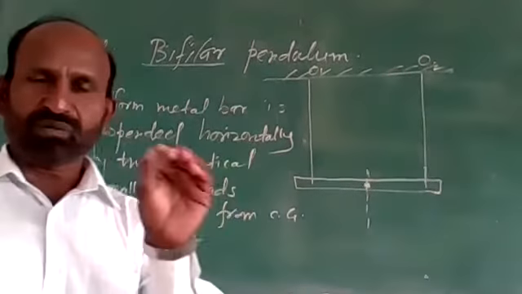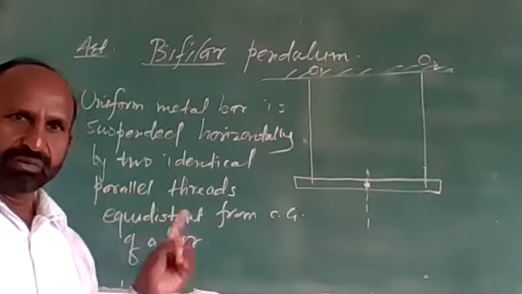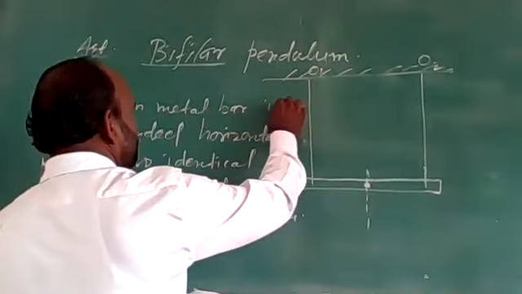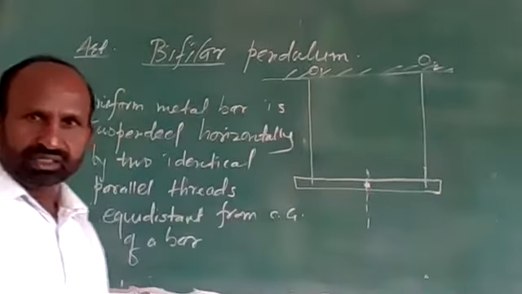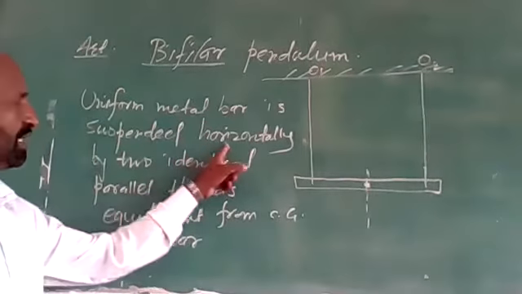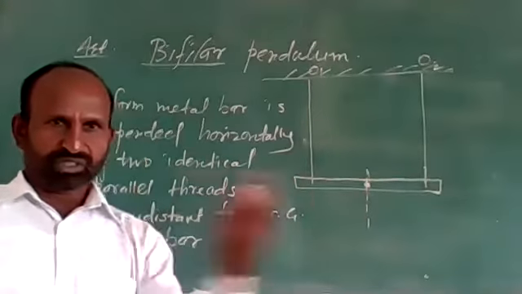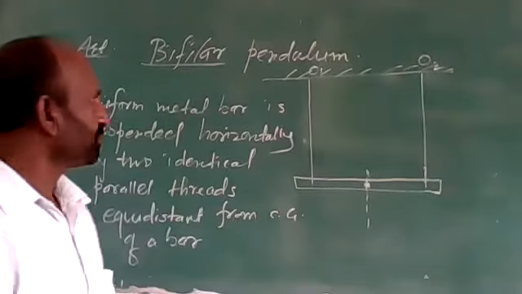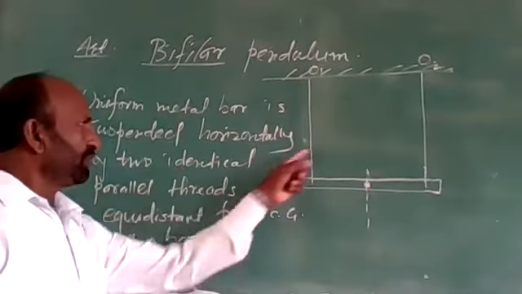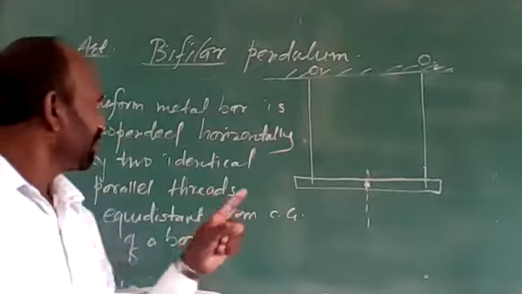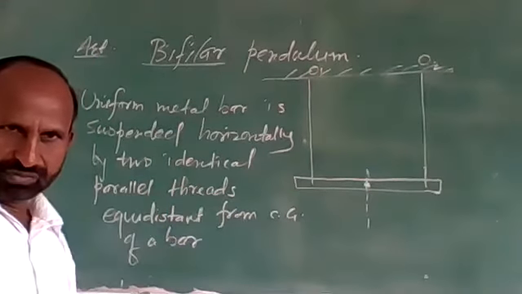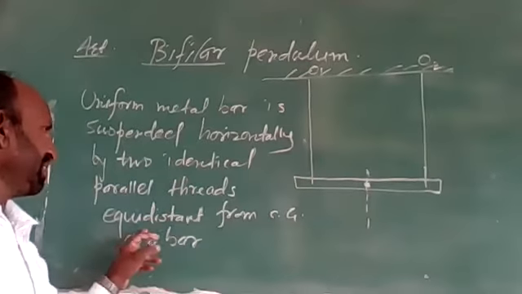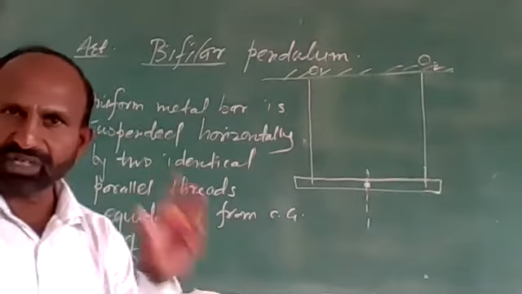Means a uniform metal bar is suspended horizontally, parallel to the surface, by two identical parallel threads, which are equidistant from the center of gravity of the bar.